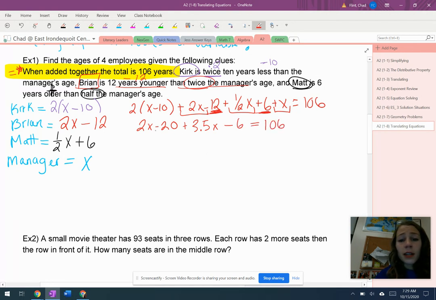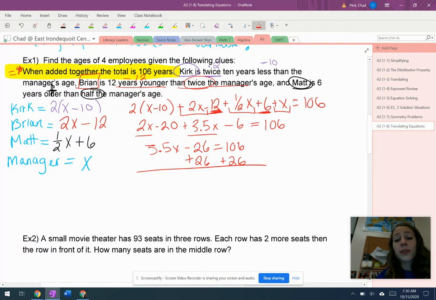And still combining like terms here, 3.5x plus 2, 3, 4, 5.5x. Negative 20 minus 6 more is negative 26. Add 26 to both sides because it's the opposite of a minus 26. 5.5x is equal to 132.